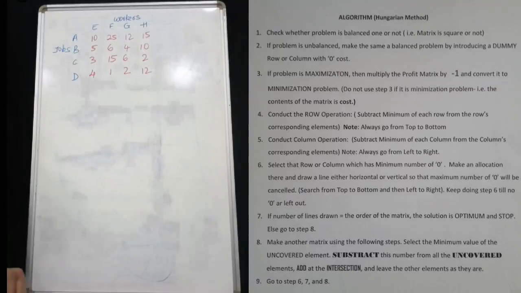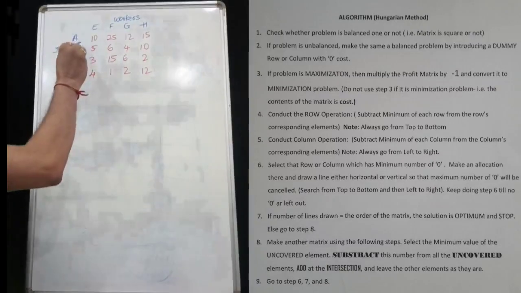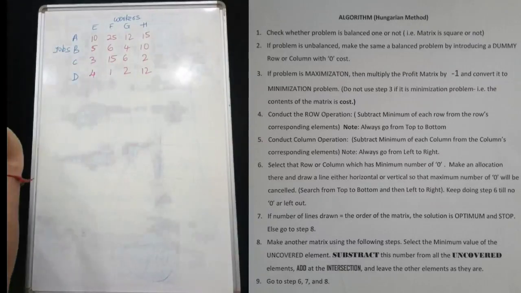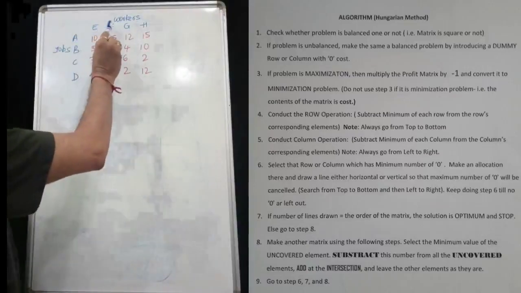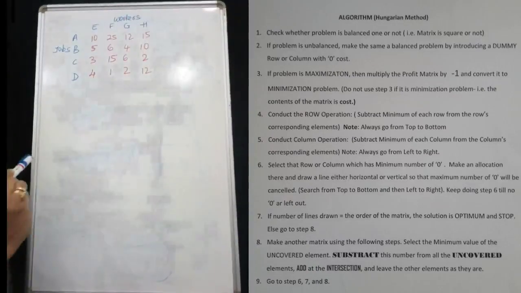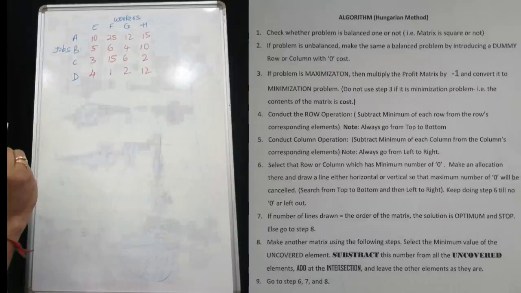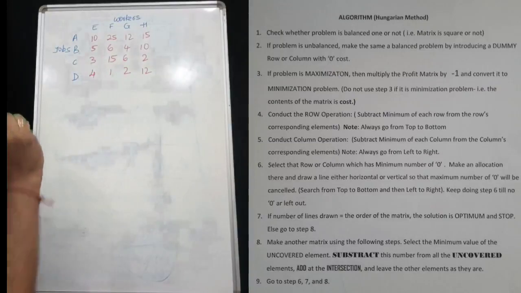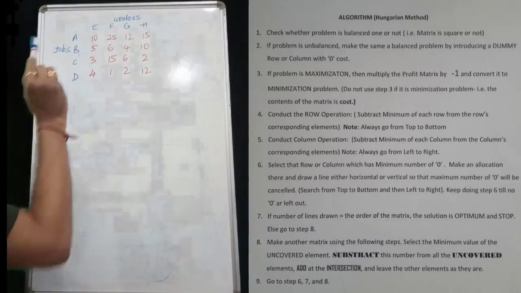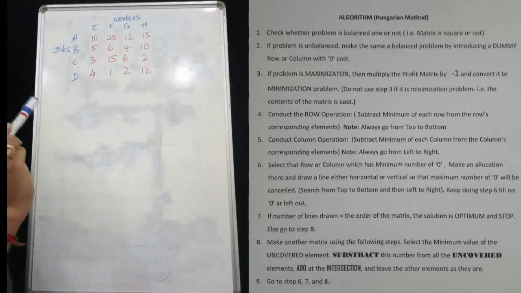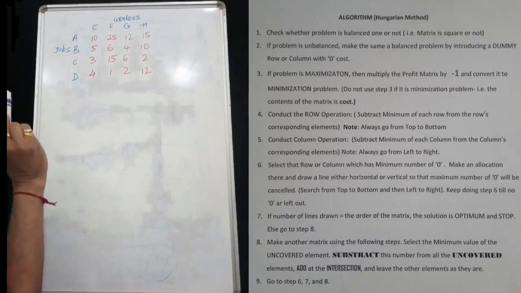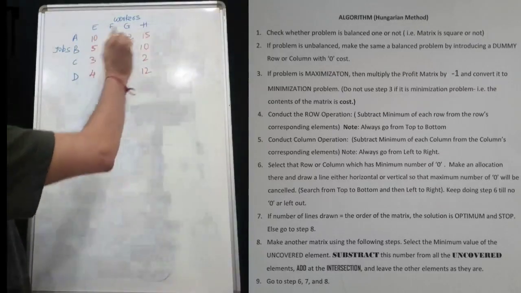This problem says that there are 4 jobs A, B, C and D, and there are 5 workers E, F, G and H. They say that each person takes a specific time to do a specific job, and this is given in the matrix given in red here.